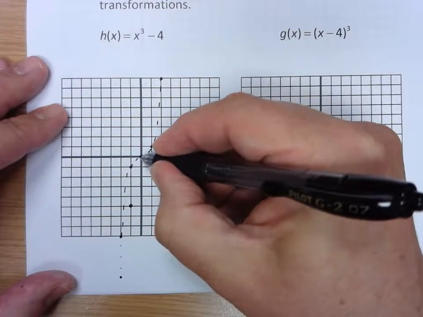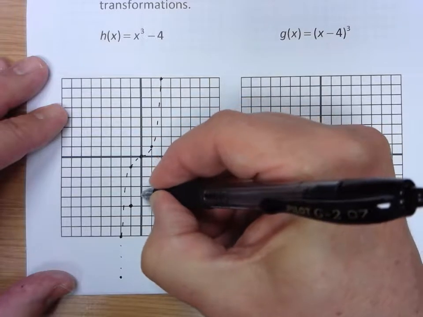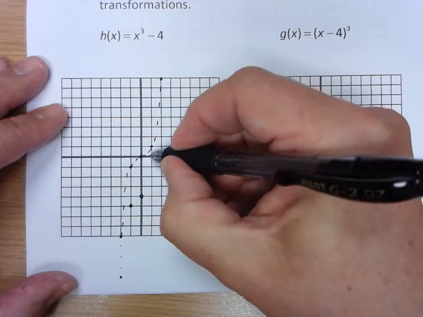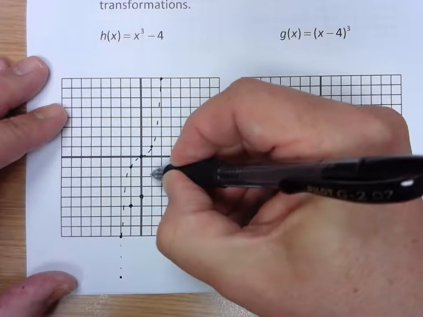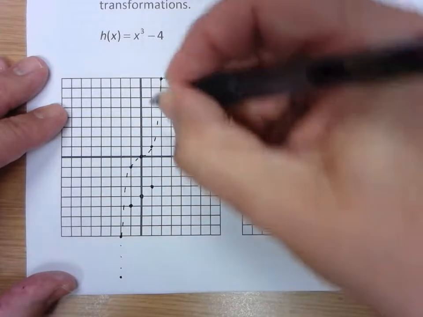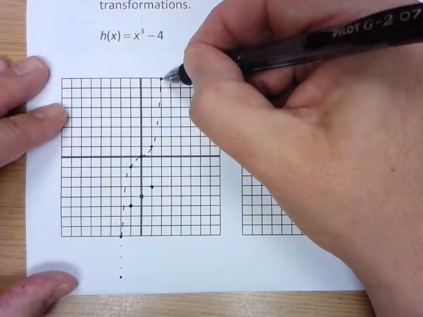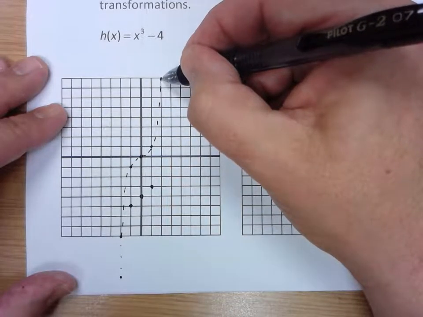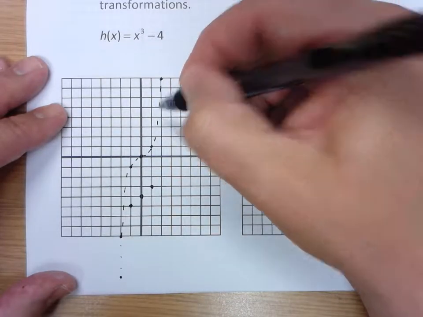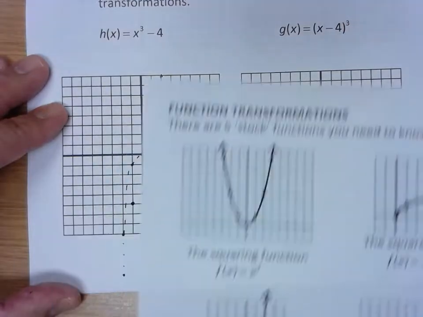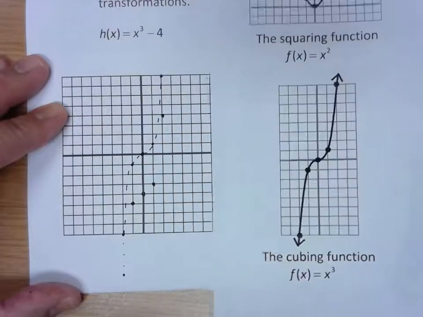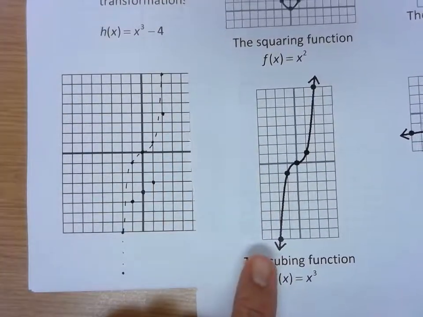The origin point goes down 1, 2, 3, 4 points. This point that used to be at 1, 1 is now going to be 1, 2, 3, 4 points lower. And this point here that used to be x equals 2, y equals 8 will go down by 1, 2, 3, 4 points. So notice, you still produce the same kind of points as on the original stock function graph.